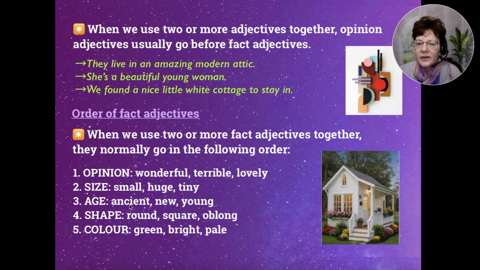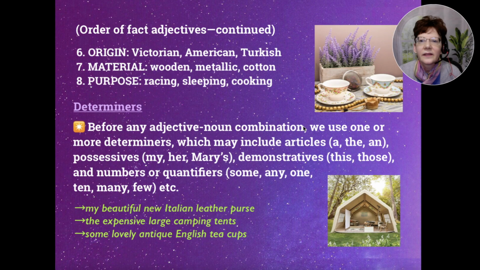You can say ancient, new, young, modern, antique, anything like that. Then comes shape: round, square, oblong. Then the color: green, bright, pale, anything like that. And then we have origin, where it's from, or the nationality.